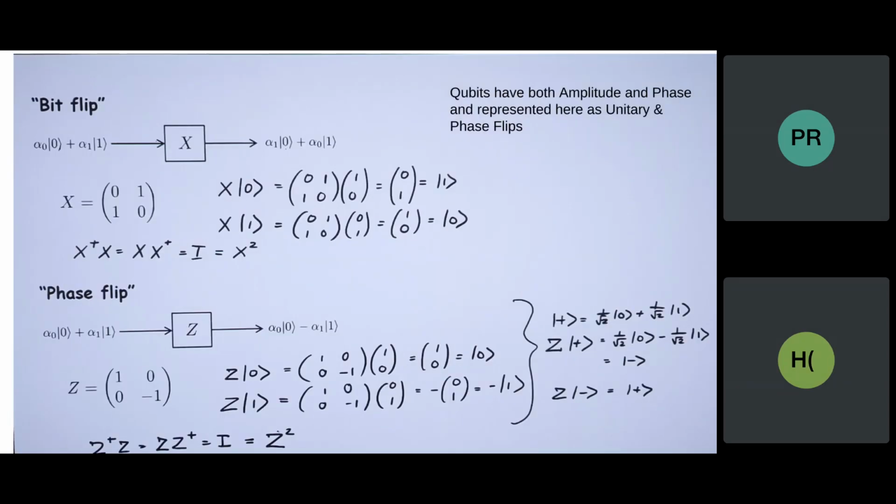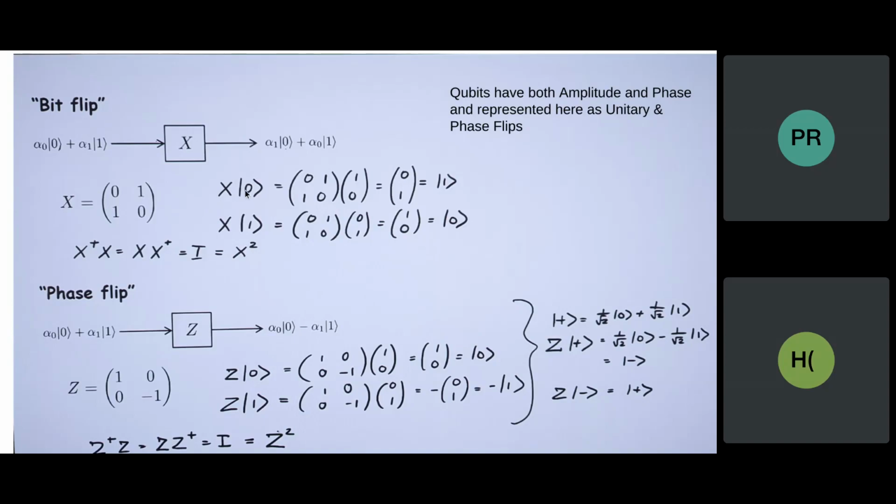bit flip. We have studied the Pauli matrix X earlier. You remember that X is 0, 1, 1, 0, either way, horizontally or vertically.